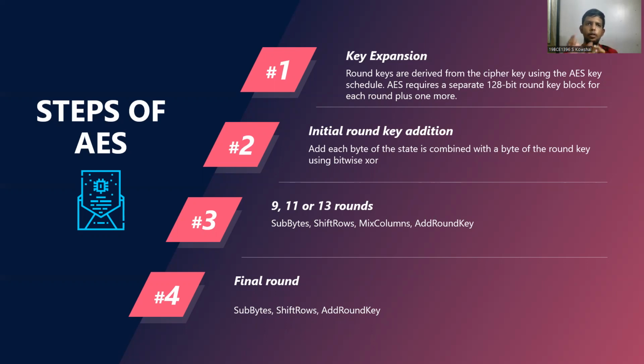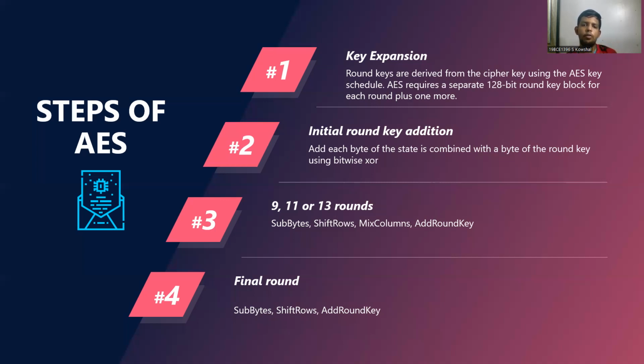Each and every time a new round key is derived from your key, and that key will be used to cipher your text. Hence it ensures your ciphering is tougher to crack. Then comes the initial round key addition, at the start, in the first round, where the normal key is added to your actual text with an XOR operation, and then the rounds are carried on.